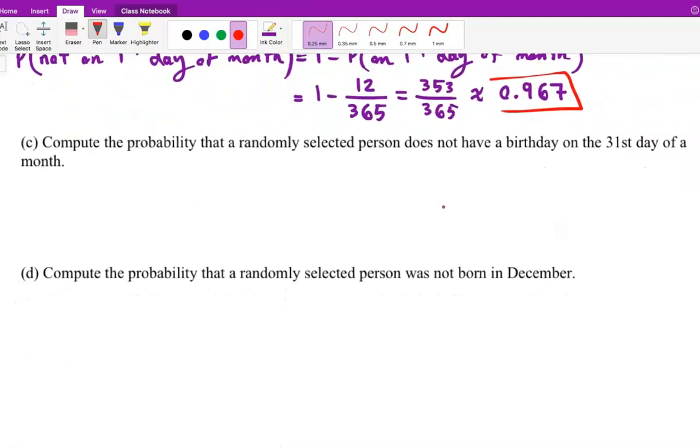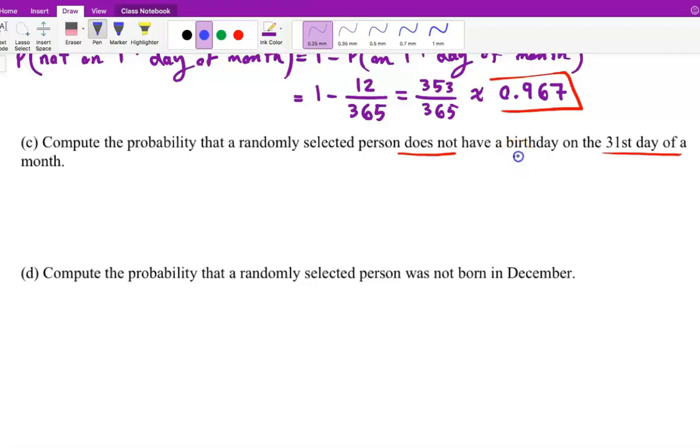Part C, compute the probability that a randomly selected person, again, doesn't have a birthday on the 31st day of the month. Now here we should count how many months have 31 days.